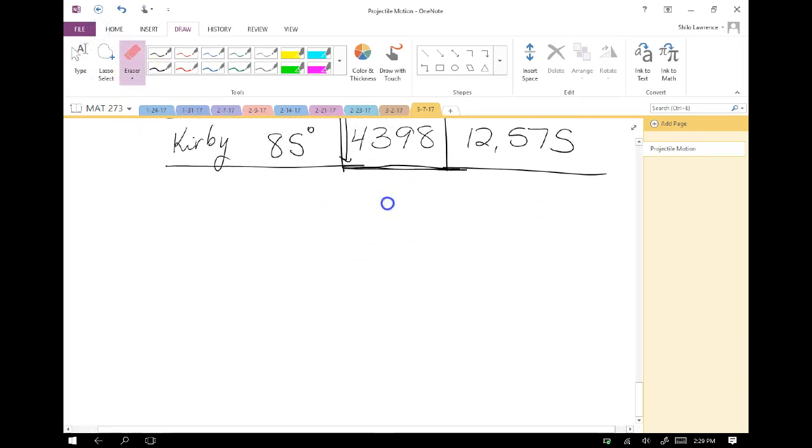So range is not equal to max height. If you shot it straight up at 90 degrees, that's when you would get maximum height. If you shoot it at 45 degrees, that's when you get maximum range.